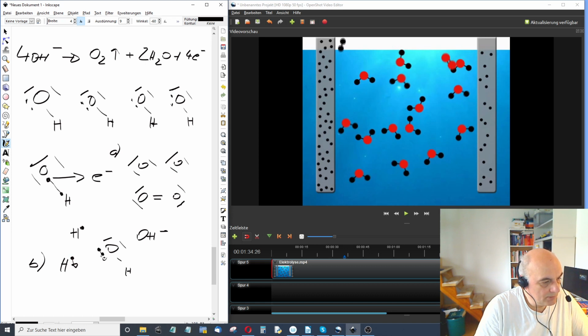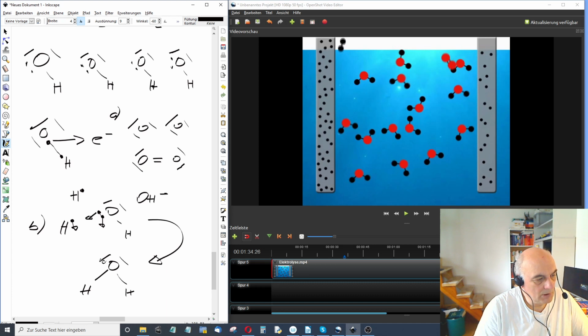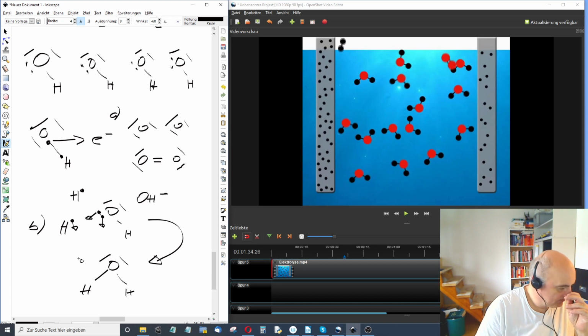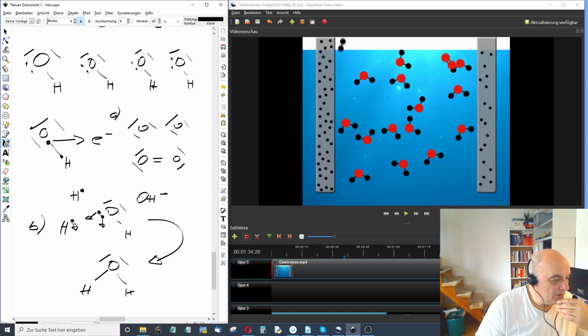Is it this one? Is it this one? I don't know. It's not explained somewhere. I don't know which one they lose, but they lose 1 electron, because then it's again the good old water molecule. I guess it's the one of the hydrogen, but the hydrogen electron here is on the S trajectory, which is the smallest trajectory.